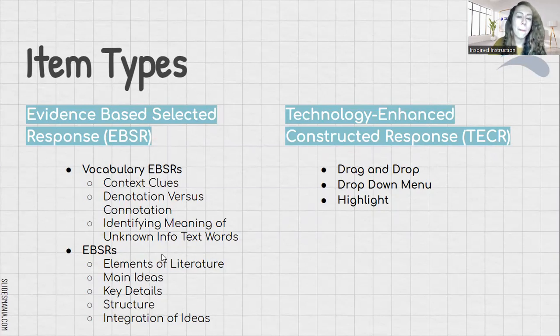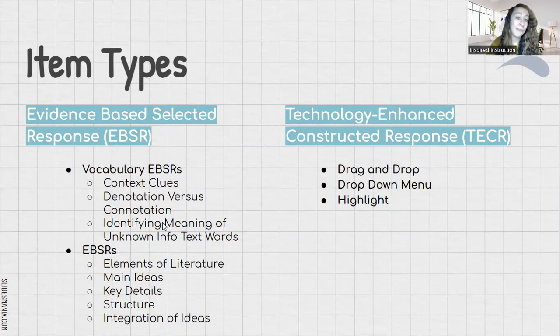They're always going to start by asking them, what is the meaning of blank in this paragraph? And they're going to need to determine that. And then typically the part B of that question will be for them to select the piece of text or the section of text that helped them come to that conclusion.